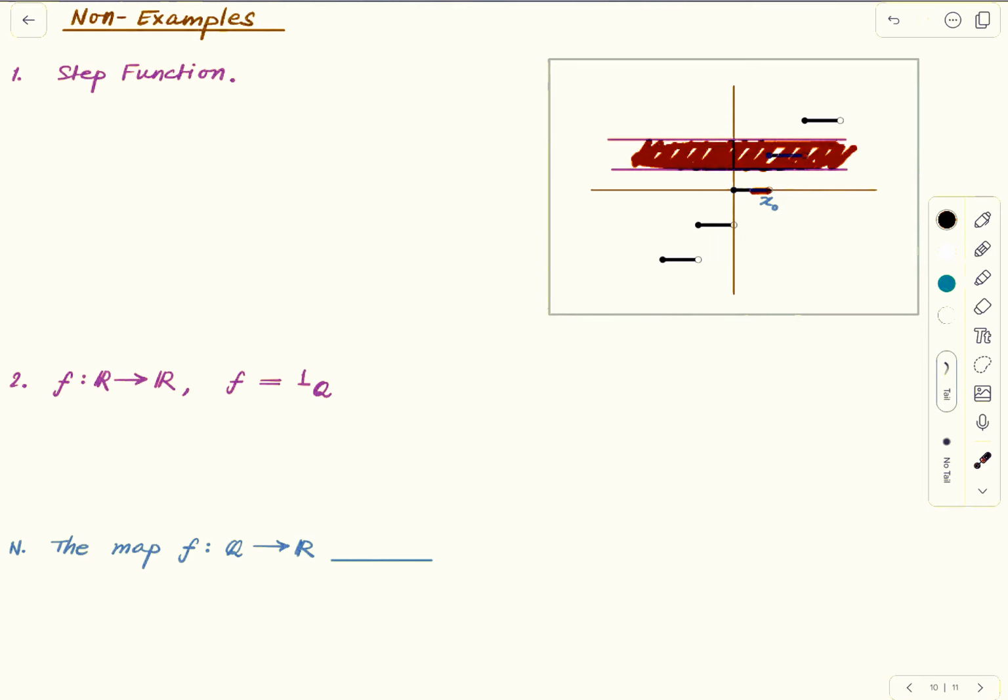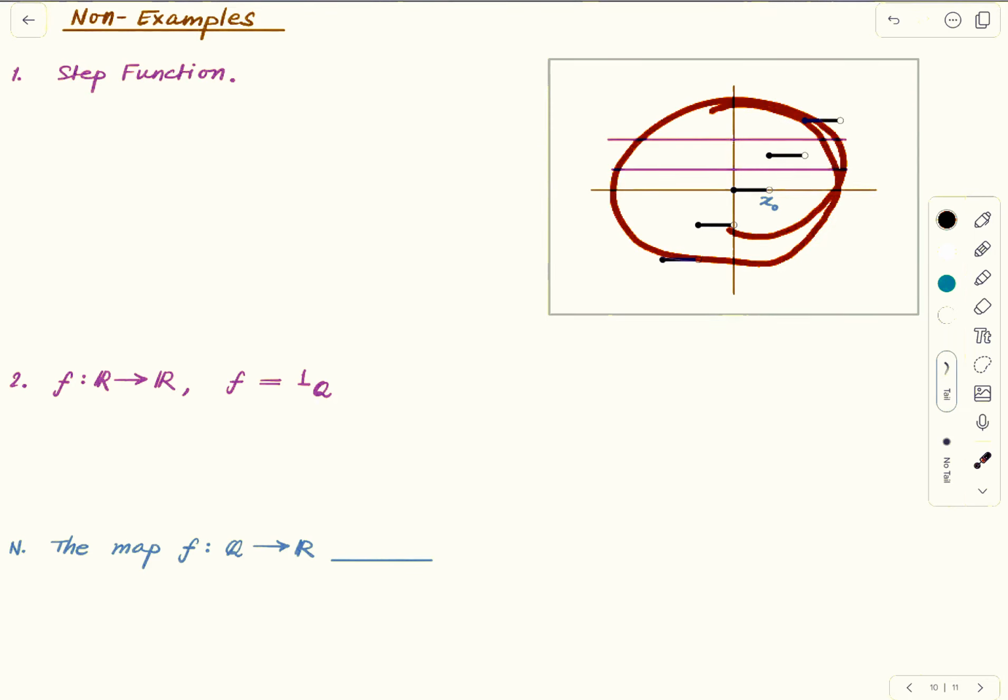You draw the graph of the function restricted to this delta neighborhood. Some points of the graph are outside this epsilon band, and therefore the function cannot be continuous at x0, because no matter what delta you choose, you always fail. So this function is not continuous. From what has been said, you can write down a completely formal proof of it.